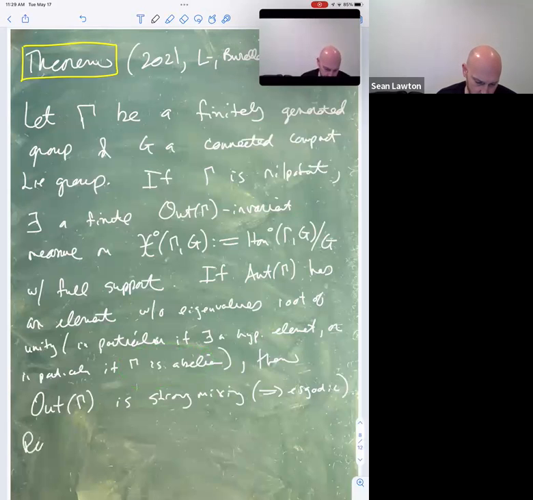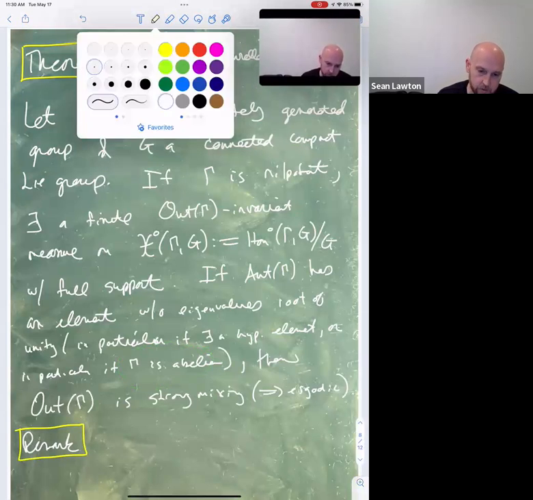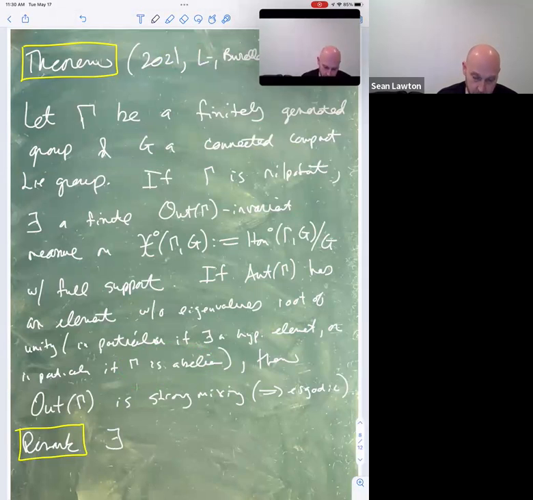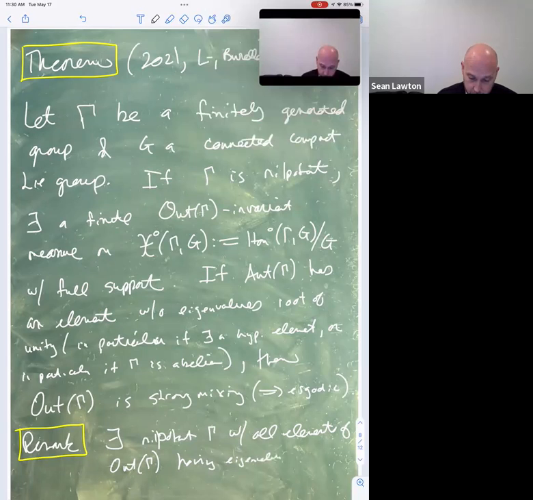But it's actually sharp too. So let me add a remark: if you look in the literature of nilpotent groups, there exists a nilpotent Gamma with all elements of Out(Gamma) having eigenvalues roots of unity.